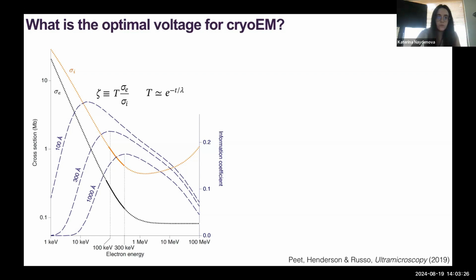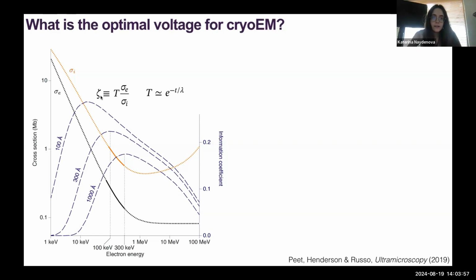And the two lines here, on this graph, the orange line and the black line show the probability of inelastic and elastic scattering, respectively, for an electron of a given energy inside a carbonaceous material, such as a biological material. And as you can see, these two vary slightly differently with energy. So the ratio is not constant.